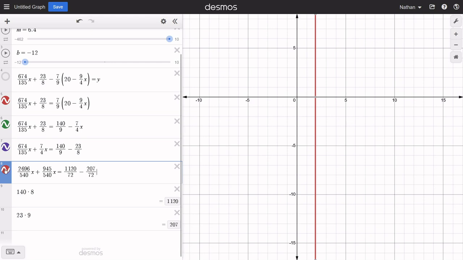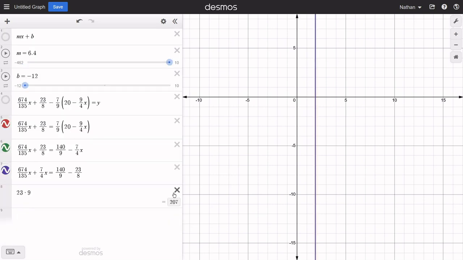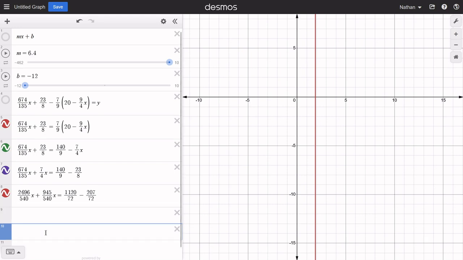Once again, the exact same line. I haven't changed anything. I haven't done any incorrect algebra here. It's all been correct. Okay, now I can actually combine these two things because I have common denominators on both of these. So I can just do 2696 plus 945.